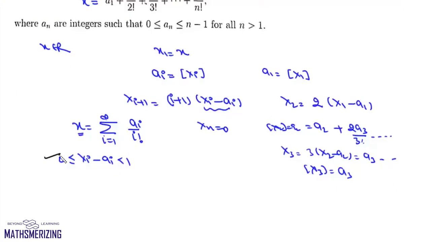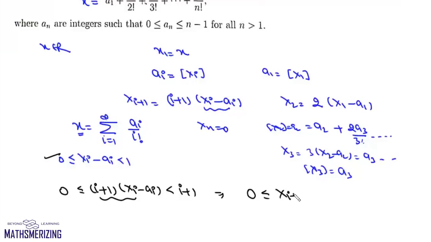Now if we multiply it with i plus 1, we can write (i+1)(xi minus ai) will be less than i plus 1, and this is nothing but x(i+1). So from here we can write x(i+1) will lie between 0 and i plus 1.